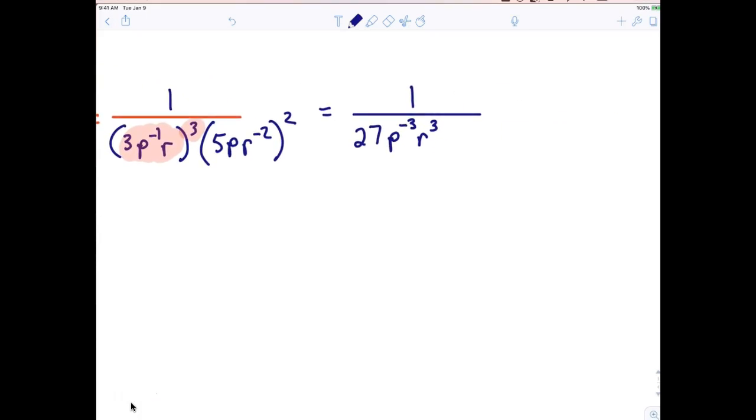Oh, so that would be 25. Good. 25p squared. r to the -4. Beautiful. Everybody has that on their paper, right? Like that. Shh, I'm listening. -2 times 2 is -4. Right? You see what I'm saying?